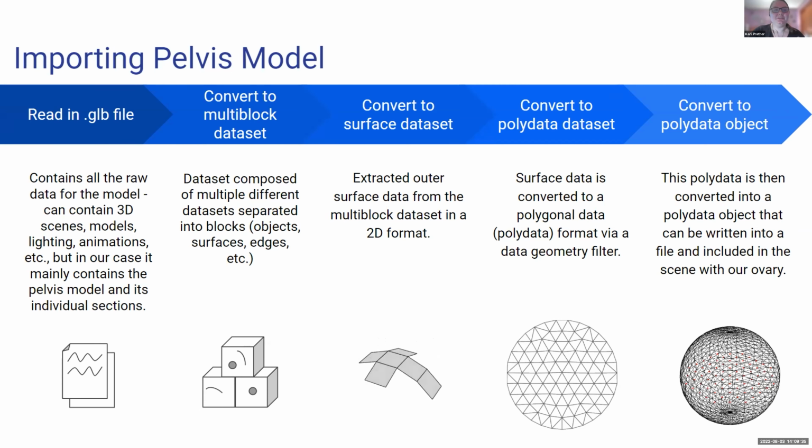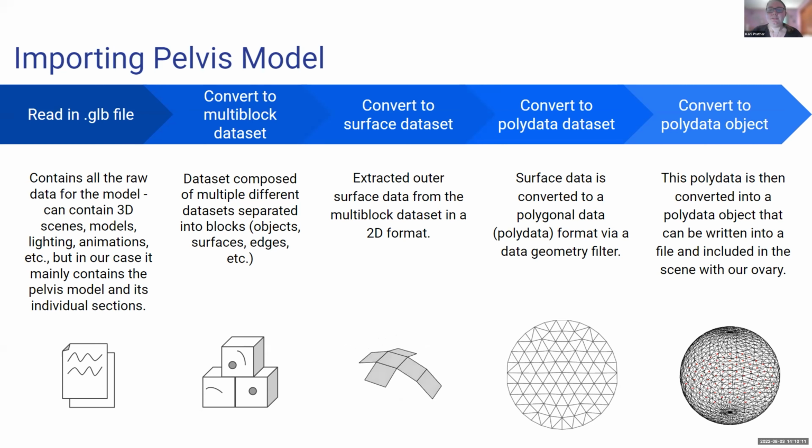So from this initial GLB file with the raw data, we converted it into a multi-block data set, which basically is just a data set made up of different blocks, which contain the objects, edges, points, surfaces, so on and so forth. From there, we convert that into a surface data set, which is just taking the actual surface data from that multi-block and basically just getting rid of all the rest of it.